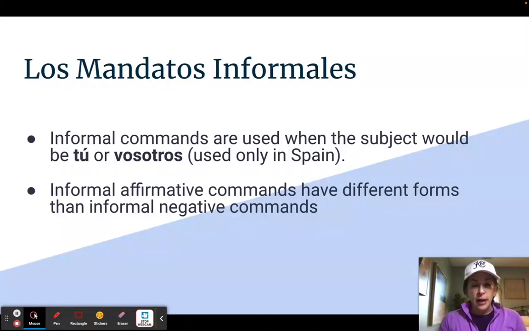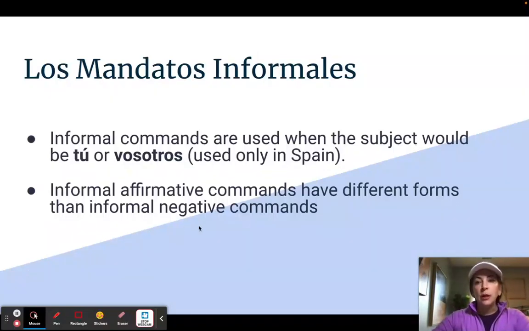Mandatos informales. So these are tú commands. These are ones that I would say probably you will use the most because you're going to be talking directly to people. Not that you're not using the formal commands often, but I think for myself, when I'm speaking Spanish with someone, I'm typically using informal commands.